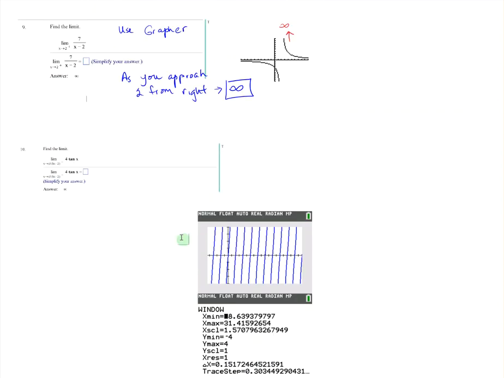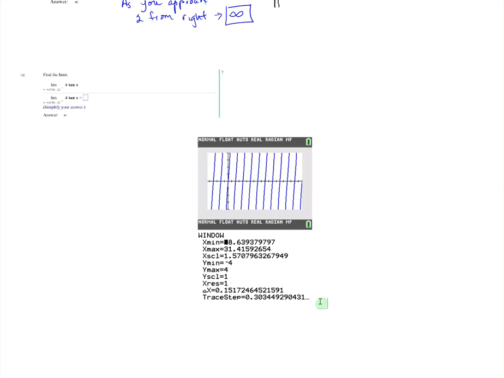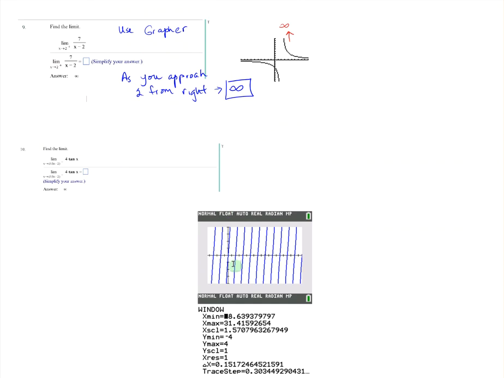Same thing for number 10. The limit as you approach negative 15 pi over 2 from the left of 4 tan x. So if you put 4 tan x in, and this is what I did here, it looks like that, and as you approach, that would be 7.5 pi.